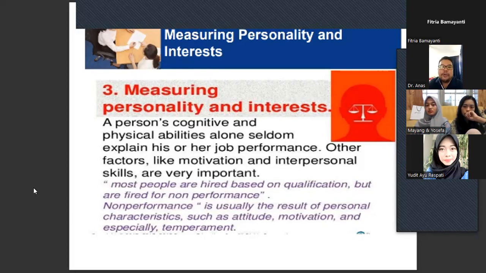So the measuring personality and interest test is related to the first and second tests: the cognitive test and also the motor ability test.